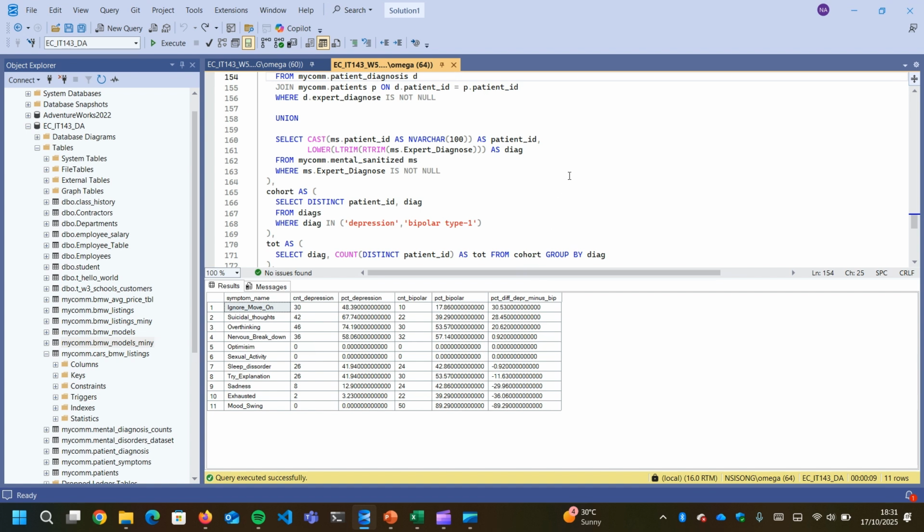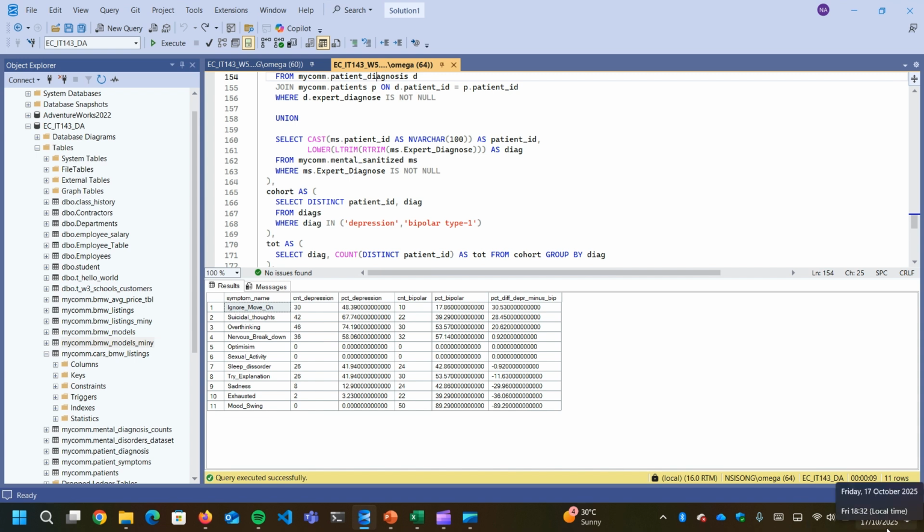So, in summary, both case studies demonstrated how SQL analytics can translate raw data sets into actionable insights, whether for market pricing decisions in automotive data, or clinical decision support in healthcare.